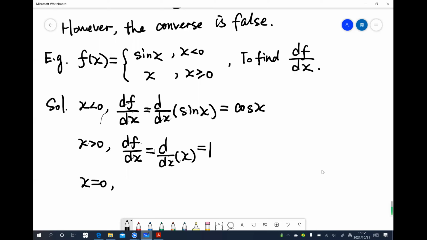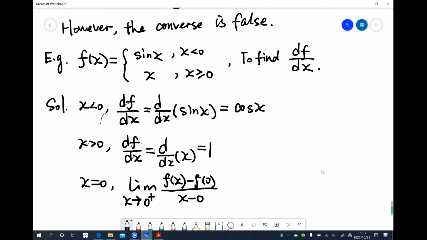So now we consider the right hand, that means x approaches 0 from the right. From the definition, that is f(x) minus f(0) by x minus 0.